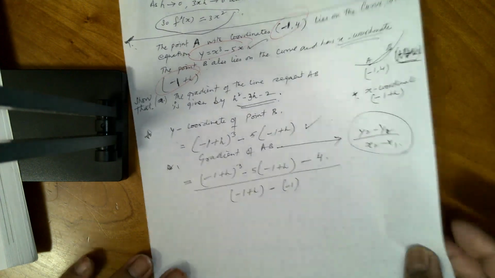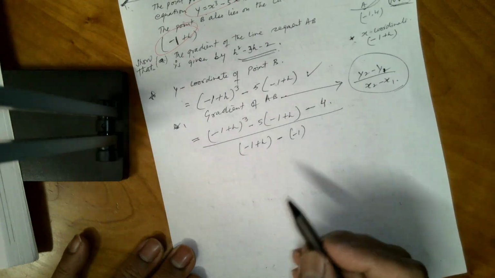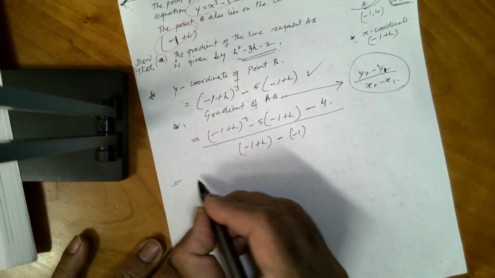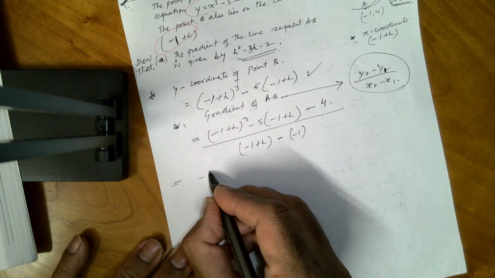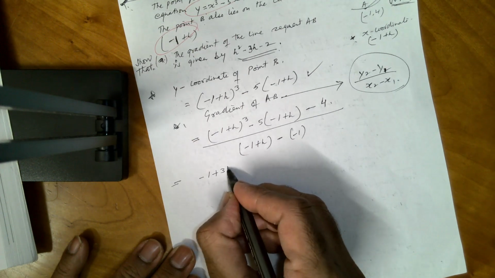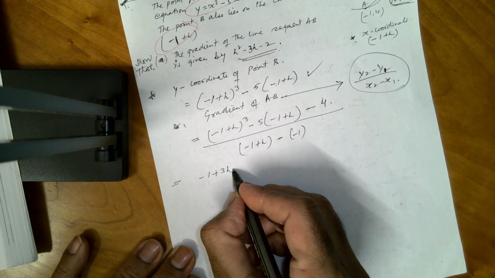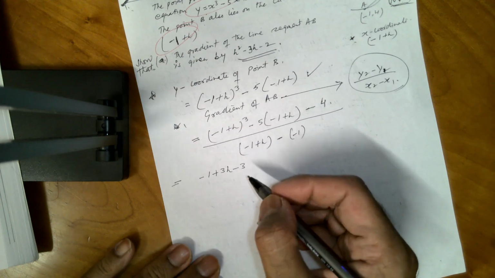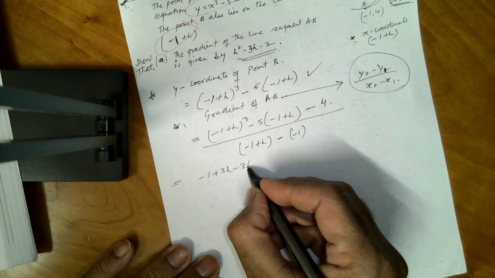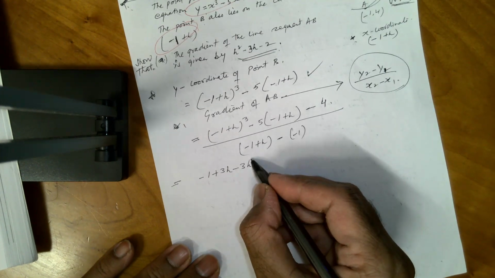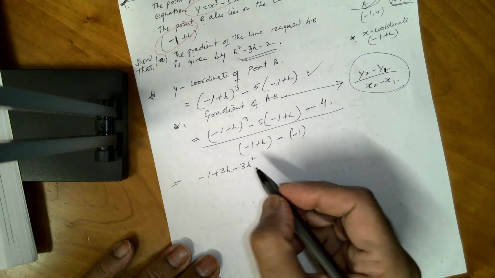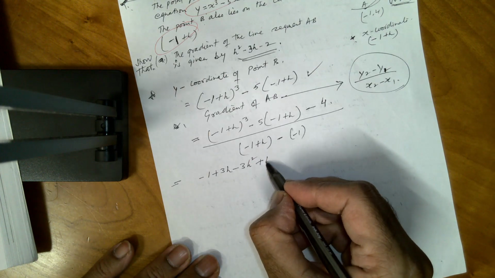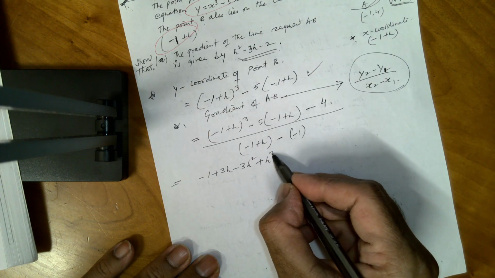Right, now let's open this. -1 plus 3h minus 3h square plus h cube.